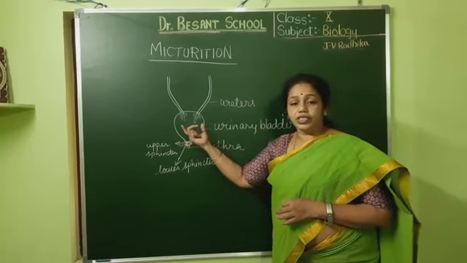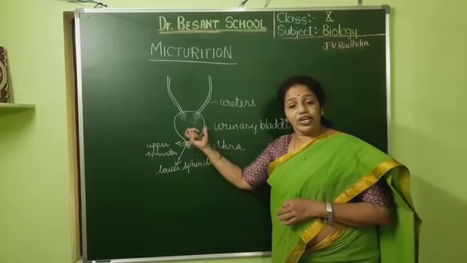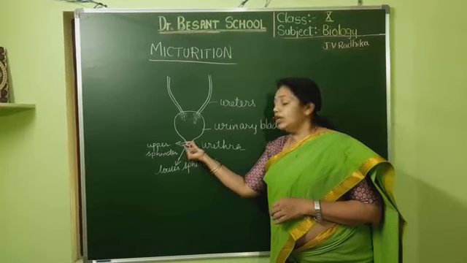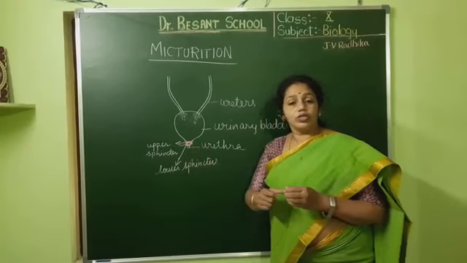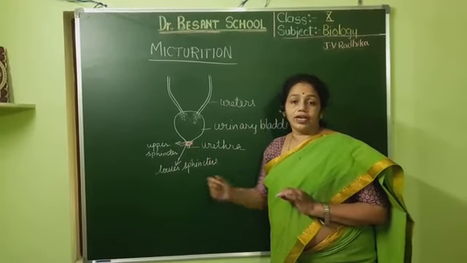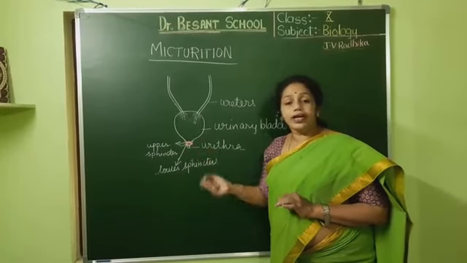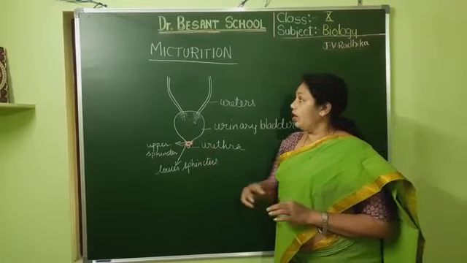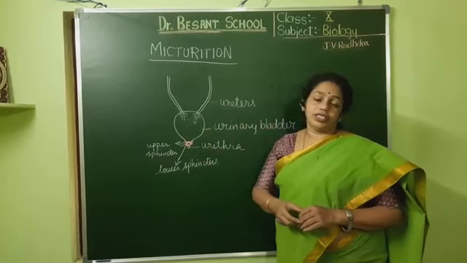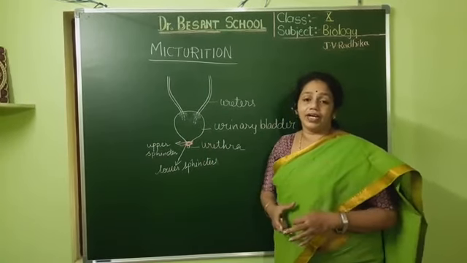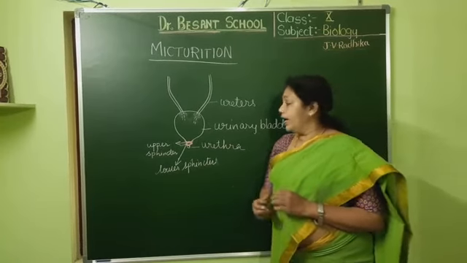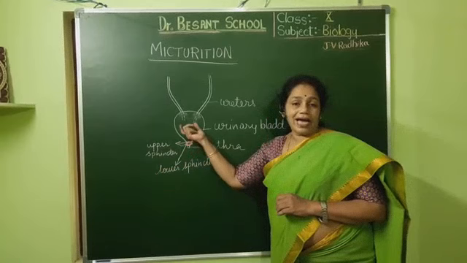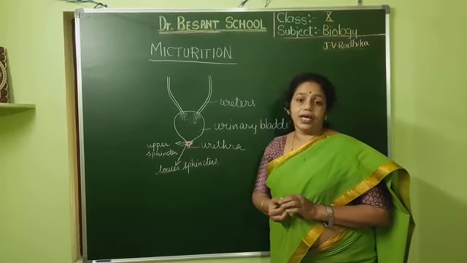Before that, if the micturition is done, fine, or else as it is fully filled, then the lower or outer one also opens involuntarily, and there is involuntary micturition. As it is completely filled, we get a pain also, and it involuntarily passes outside because the bag cannot hold more urine than that.